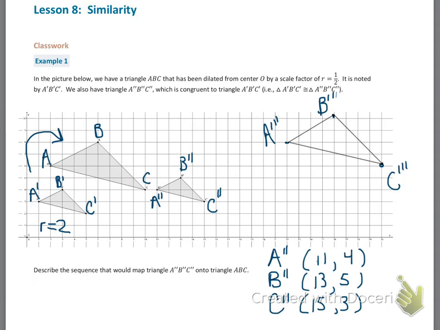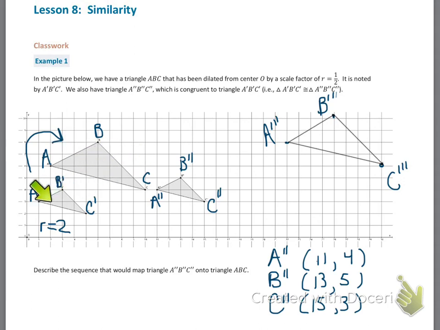Okay. So since we've been told that A prime, B prime, C prime is congruent to A double prime, B double prime, C double prime, I know that when I dilate by a scale factor of 2, these two triangles are congruent now: the triple prime triangle and the original triangle ABC.